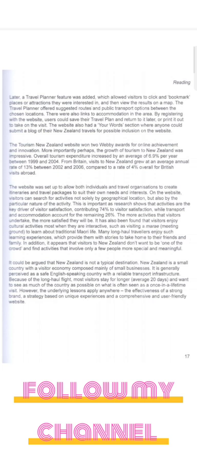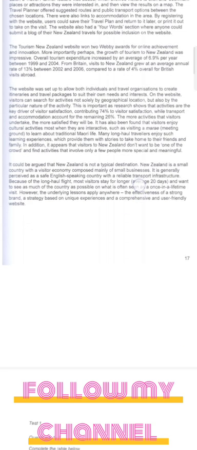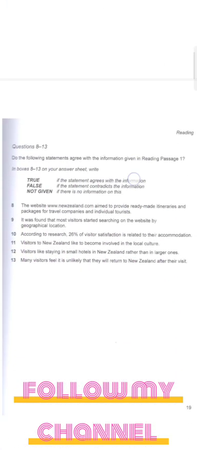Okay, so here it is mentioned about visitor satisfaction. This is important as the research shows that the activities are the key driver of visitor satisfaction, contributing 74% to visitor satisfaction.